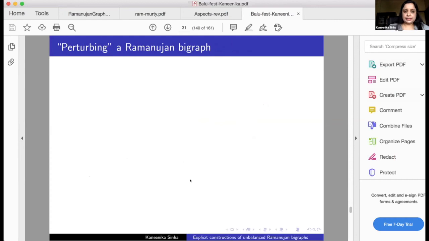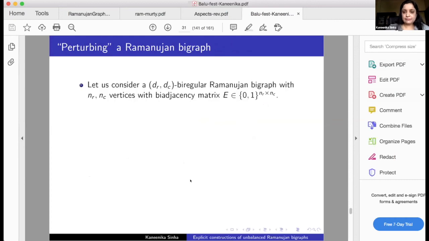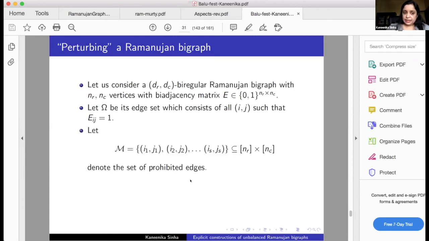Let's continue discussing perturbing a Ramanujan bigraph. As before, we consider a DR, DC biregular Ramanujan bigraph with a given biadjacency matrix, and let omega be its edge set, whereas let M be the set of S many prohibited edges.